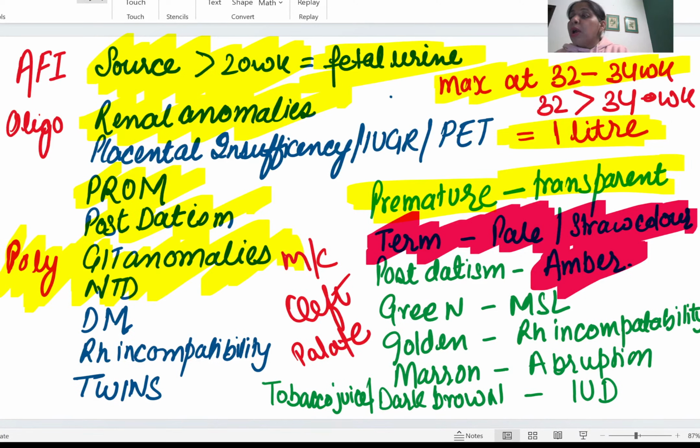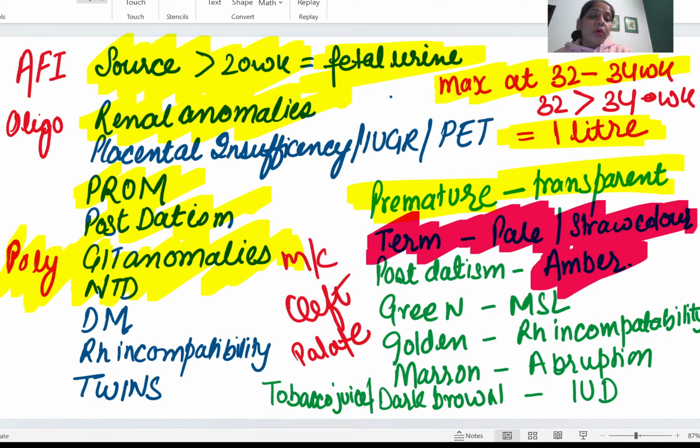Why is it so? Because in RH incompatibility there is hemolytic anemia. The antibodies do hemolysis in the fetus, and as a result the fetus gets jaundice. And you all know in jaundice icterus is found and urine becomes yellow in color.